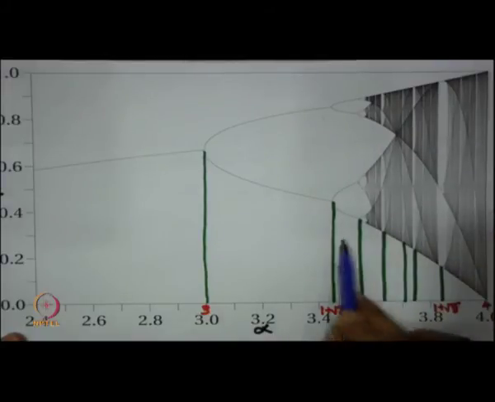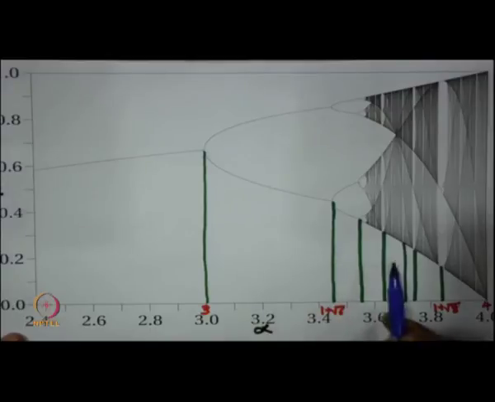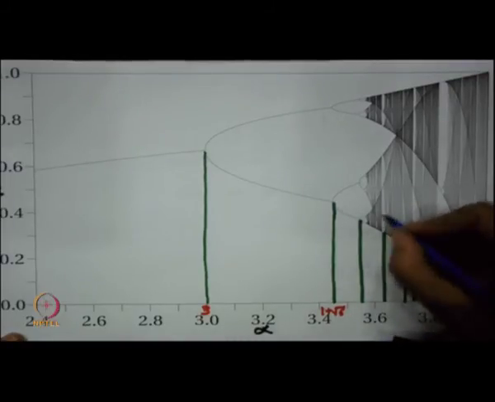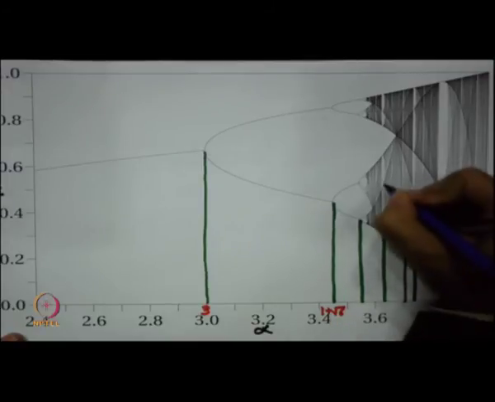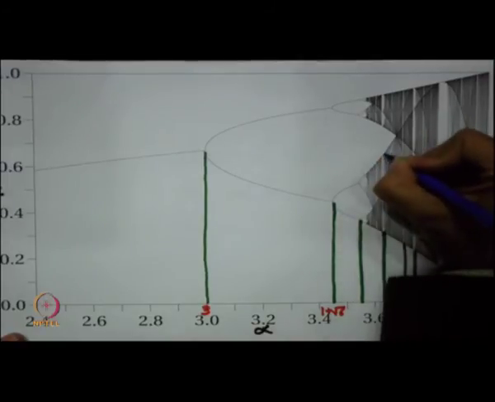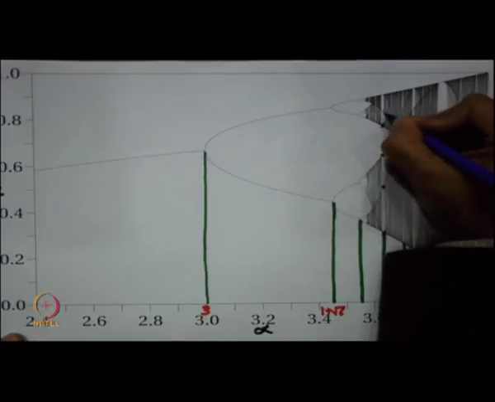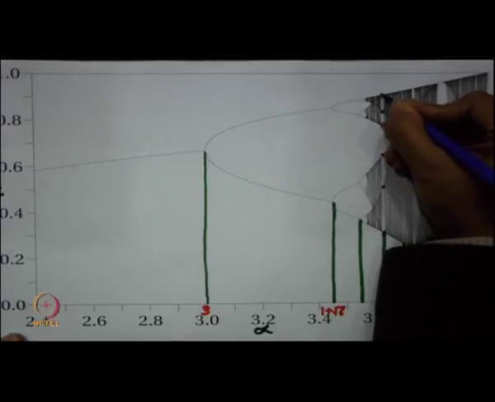So, there is a period doubling going on. This period doubling goes on till maybe you are looking at something like 3.6, where you have a periodic point of period 6 being born.